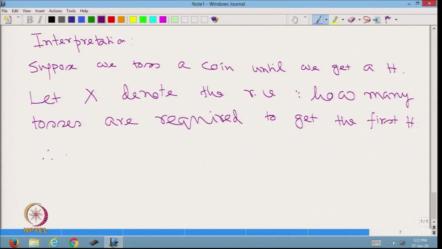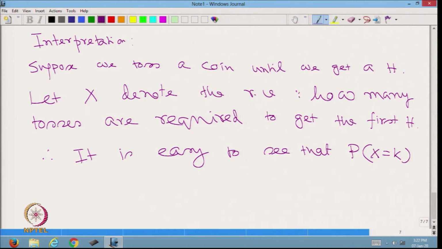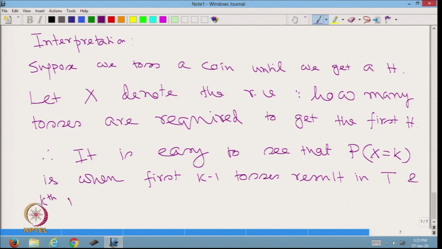Therefore, it is easy to see that probability X equal to k is when the first k minus 1 tosses result in tails and the kth toss gives a head.